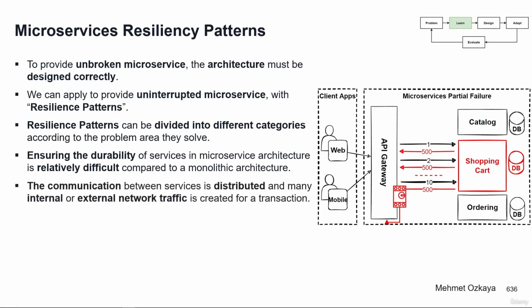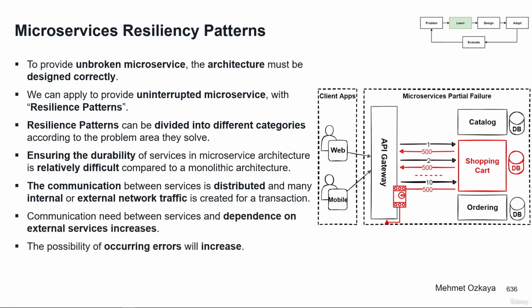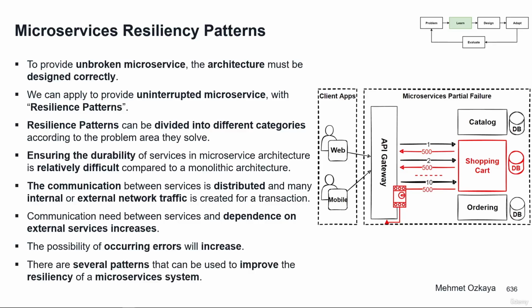In the microservice architecture, the communication between services is distributed and a lot of internal or external network traffic is created for a transaction. As the communication need between services and dependence on external services increases, the possibility of errors occurring will increase. So there are several ways that can be used to improve the resiliency of a microservice system.